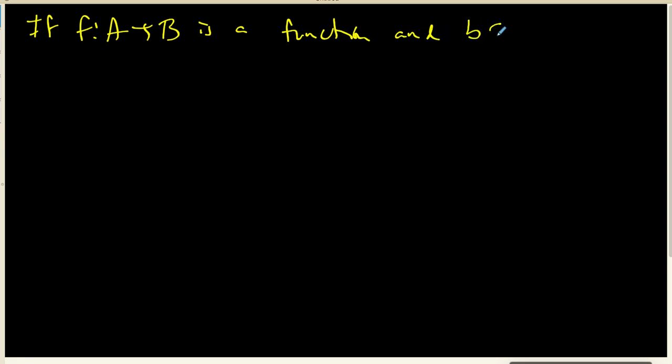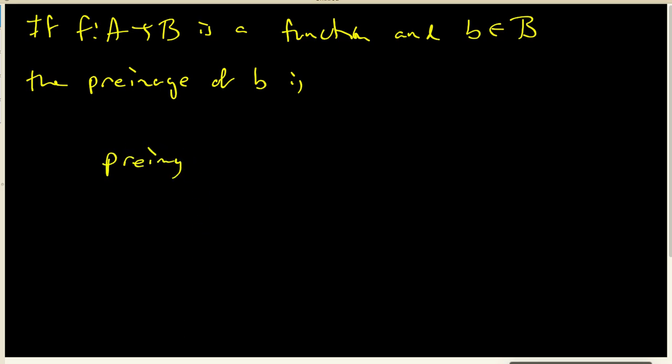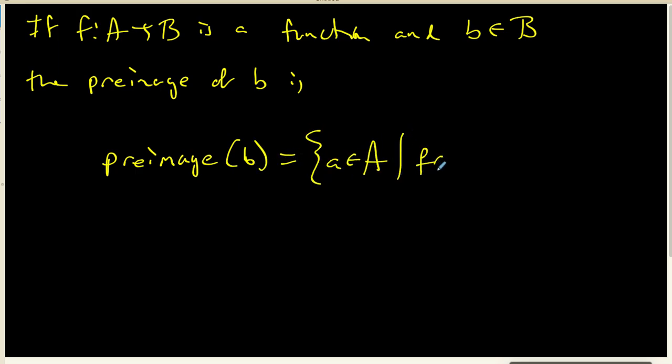If we have f goes from A to B is a function, and I take any element inside the codomain B, the pre-image of little b is, let me make that more readable, the set of things inside A such that f of a is actually equal to that b.